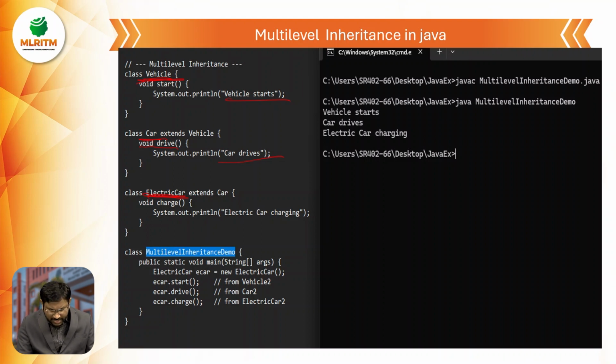Next, class ElectricCar extends Car. Previously we discussed class Car extends Vehicle, which means Car can acquire the properties of Vehicle and Car. Now the third class, ElectricCar, extends Car.